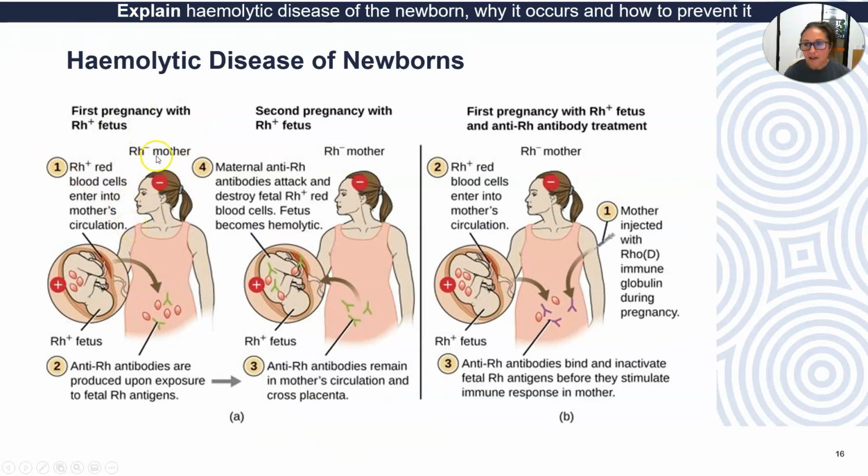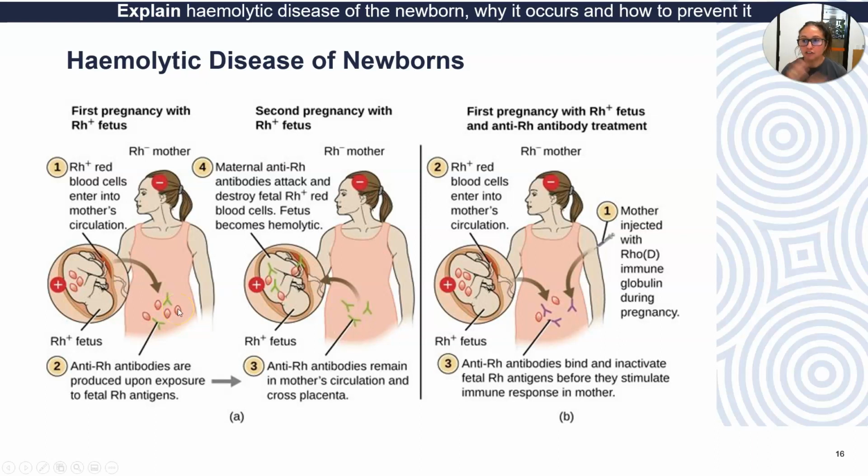So if you have a mum that does not have the Rh antigen on her red blood cells, so she is Rh negative. If this woman has a baby in the womb, and that baby is Rh positive.